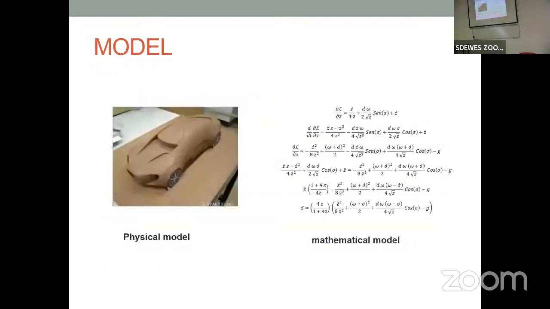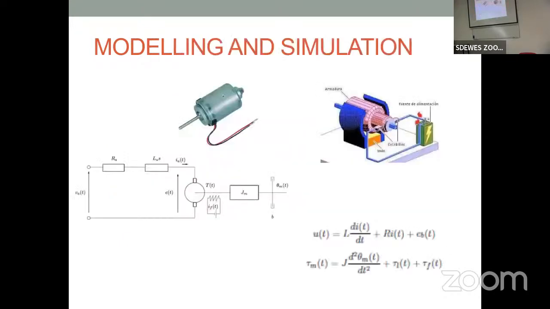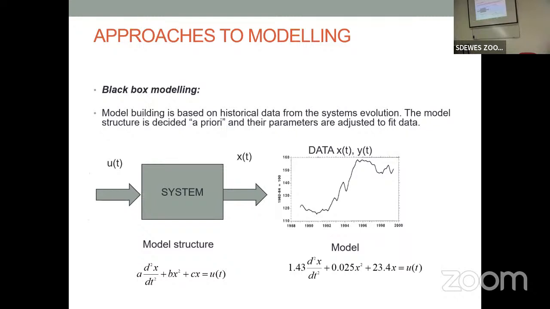Well, this is a typical example of models, just a small plastic or whatever car, and this is a mathematical model, in this case of some differential equations about whatever. This is also a typical model of a motor, an electrical motor, for example.